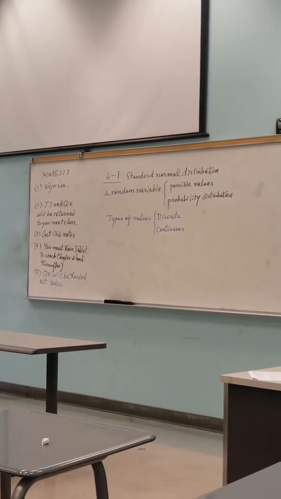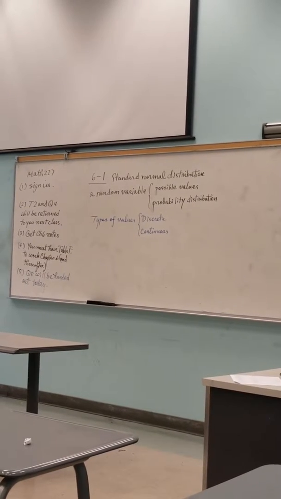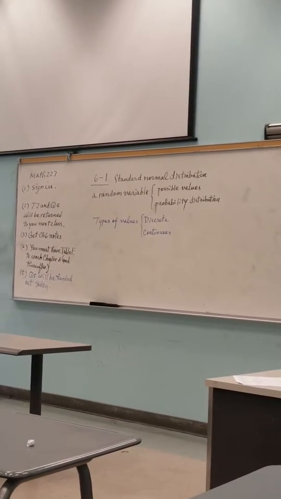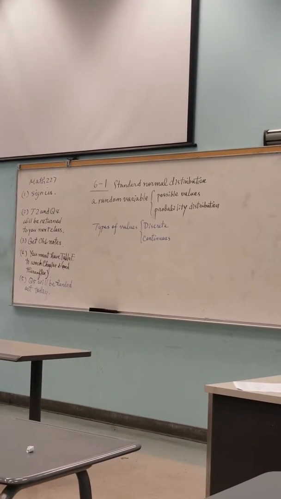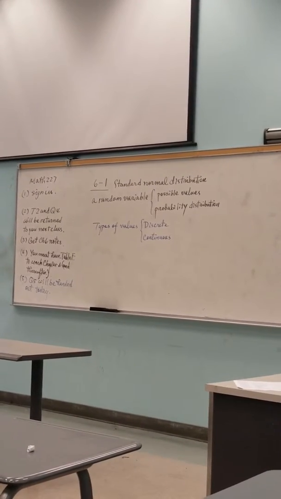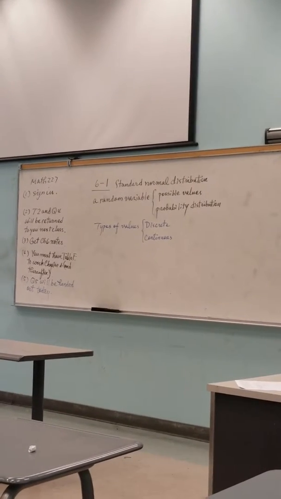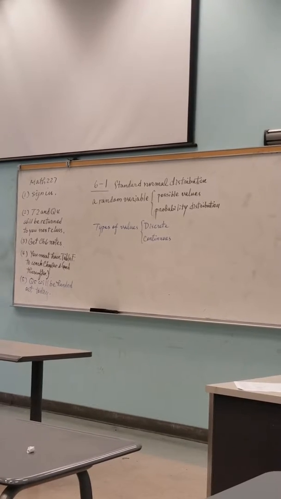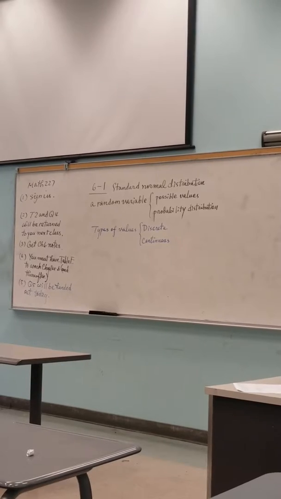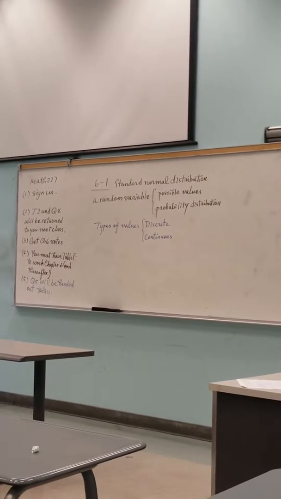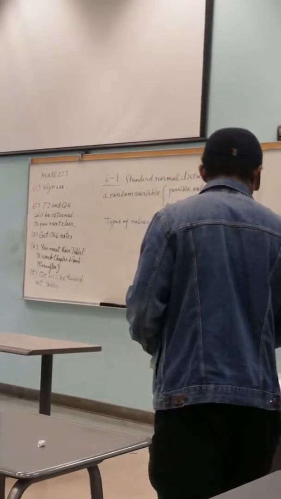How about E? E represents the height of a building. Maybe 100 feet, or maybe 200 feet. Continuous, right? Because every measurement is a possible height. Look at F. F represents the number of cars sold a month.